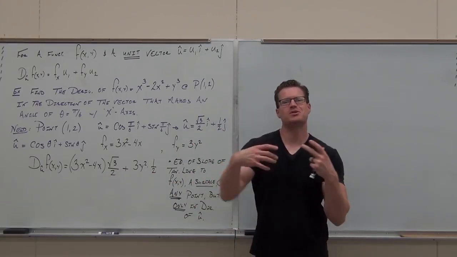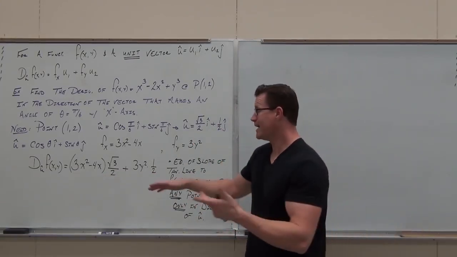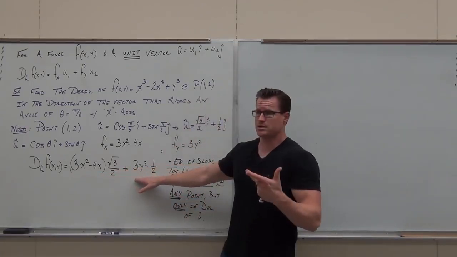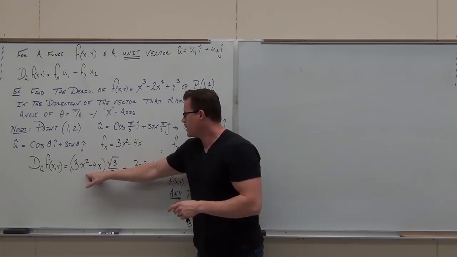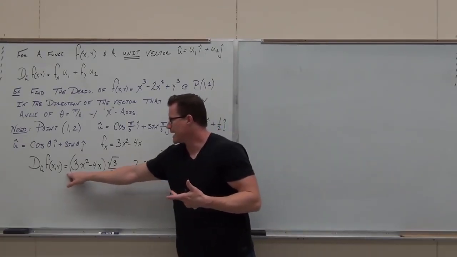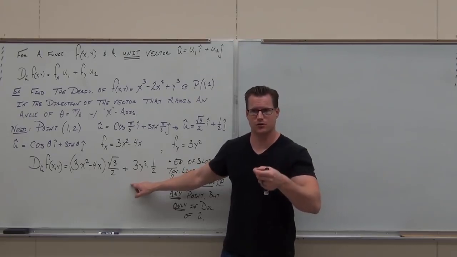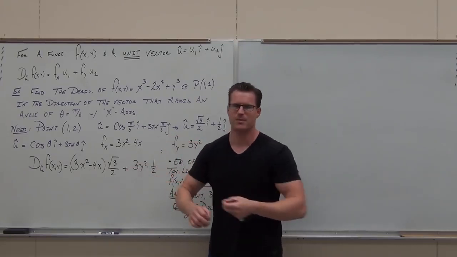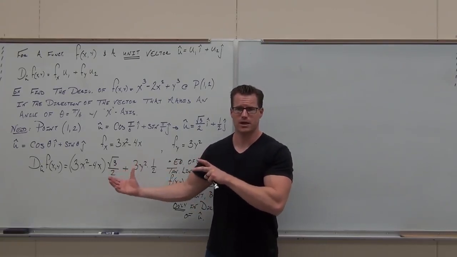Now, how do we find a specific slope at a specific point in that direction? If this is for any point along that vector, do we have a certain point where I want to find the slope of the tangent line to the surface in this direction? It's a mouthful. But do we have a point now? Yeah.